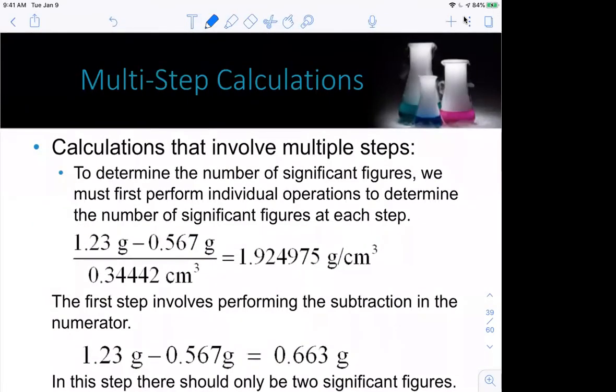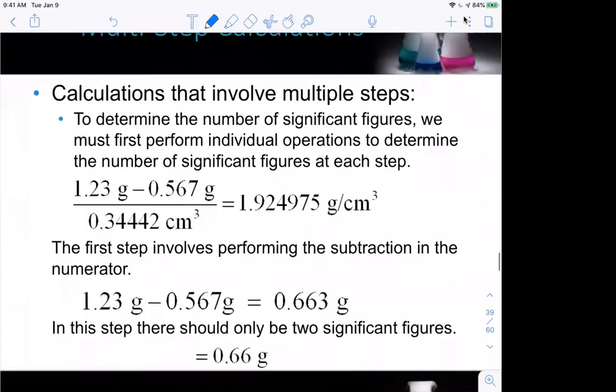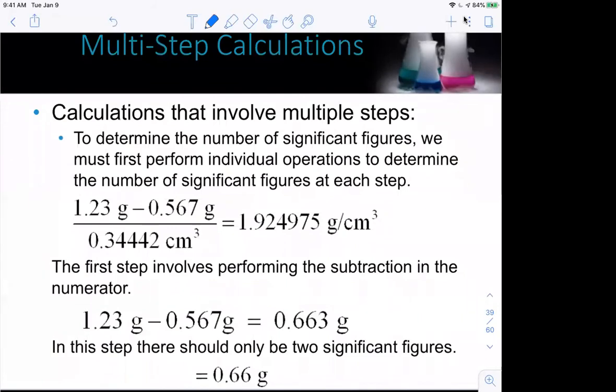Now, when I have calculations that involve multiple steps, I actually have to consider what's going on in a little bit more depth, right? So when I determine the number of sig figs, I have to perform the individual operations. And then I have to decide how many sig figs that individual result is going to have in order to figure out what happens at the end. So if I do this calculation here, I have a subtraction that's going to happen first according to order of operations, and then I'm going to divide.